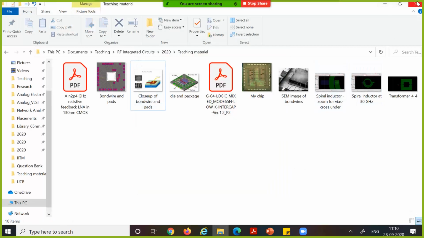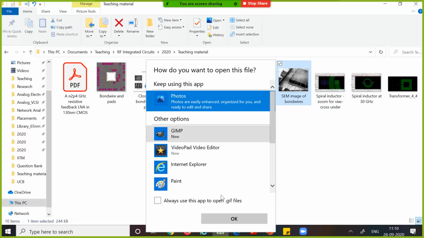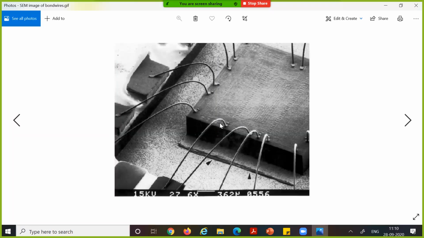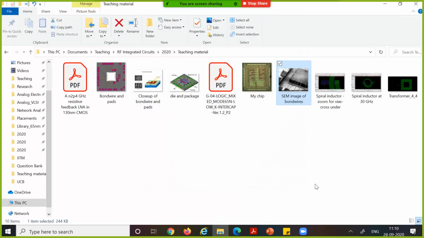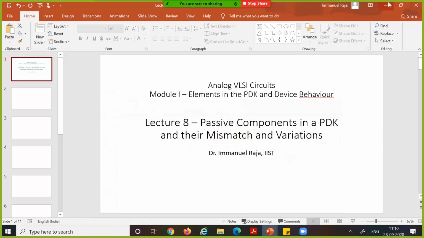All right. Now this is another SEM image of the bond wire. Basically, they have used a scanning electron microscope. You can see that this is the actual die, and these are the bond wires. The reason I showed you this is because you need to appreciate the fact that the die and the package are two different things.